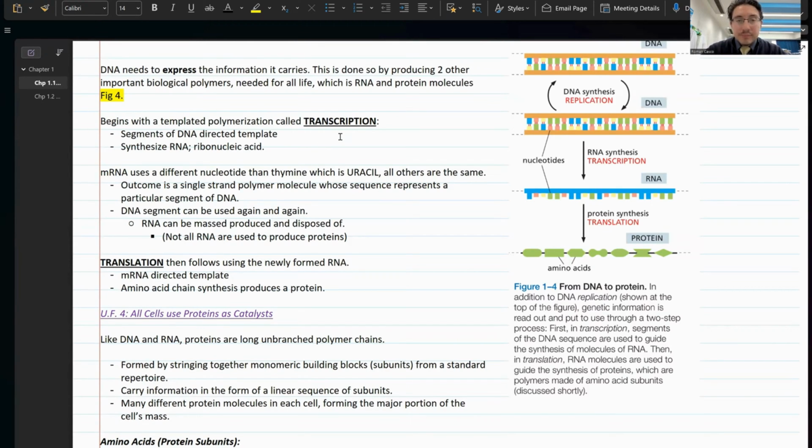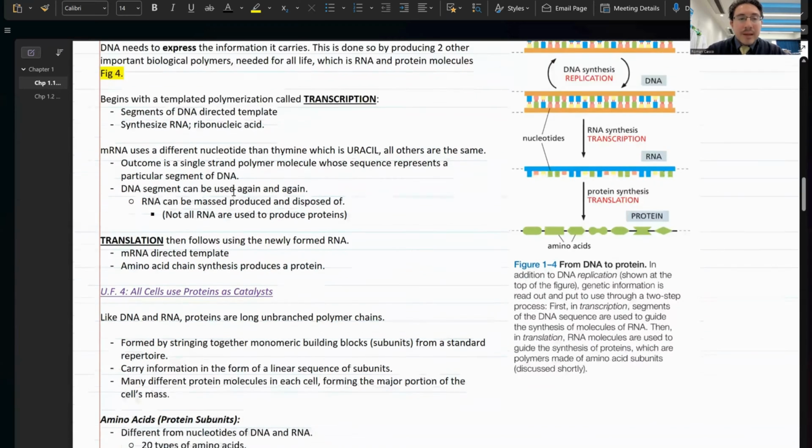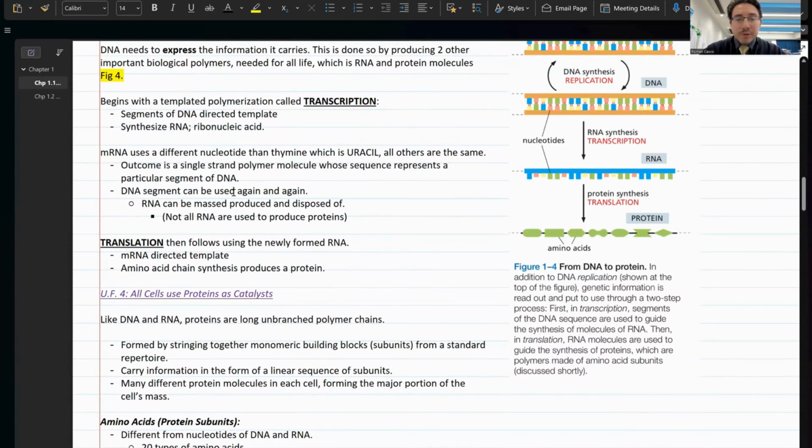It's called transcription. You use DNA as a directed template to synthesize RNA, another type of nucleic acid, single-stranded, referred to as ribonucleic acid or RNA, and ultimately to produce a particular type of RNA called mRNA or messenger RNA.